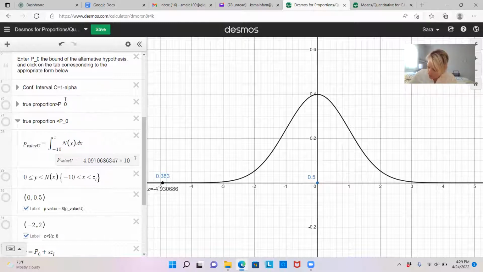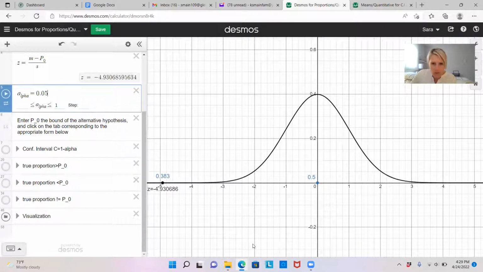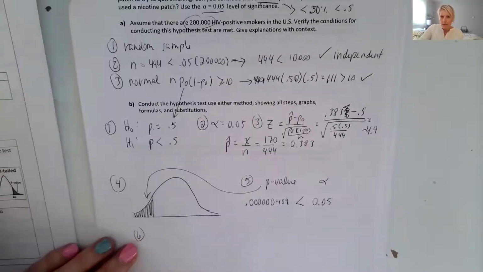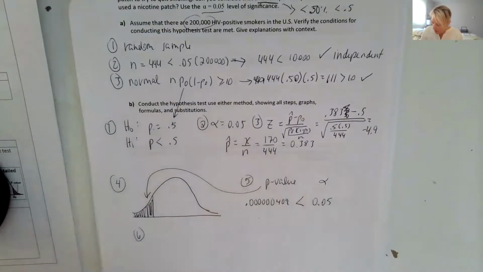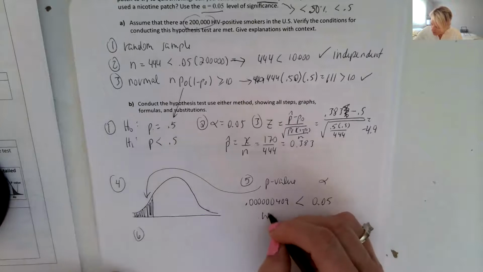So it's 0.0000000, so 6 zeros and 409. So yes, definitely unlikely. So we are going to go back to our paper for a moment. And very, very small. So yes, we do reject H0.